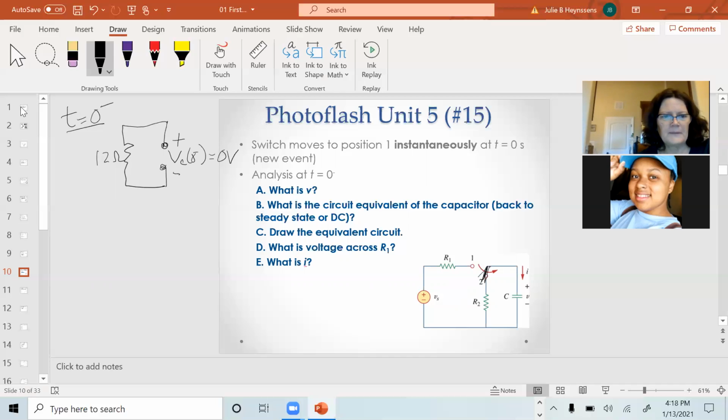Okay. So I'm going to flip the switch. I'm just going to do this all without changing slides. That's my eraser. I'm going to flip the switch and throw it into position 1. My t equals 0 plus circuit.